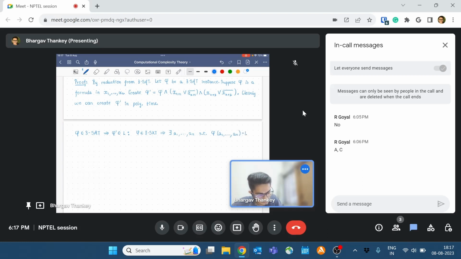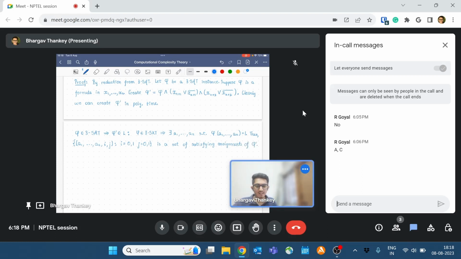Then a1 to an extended is a set of satisfying assignments of phi prime.